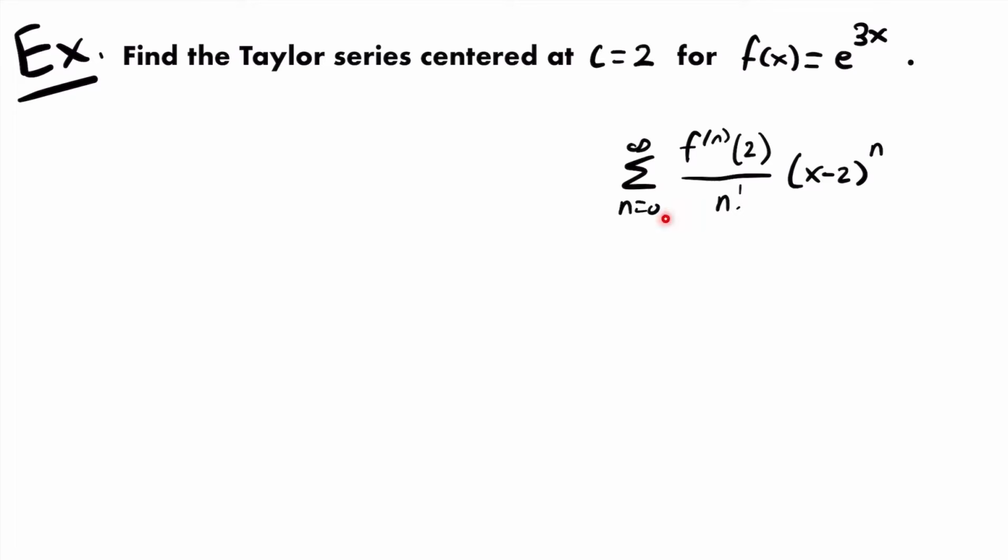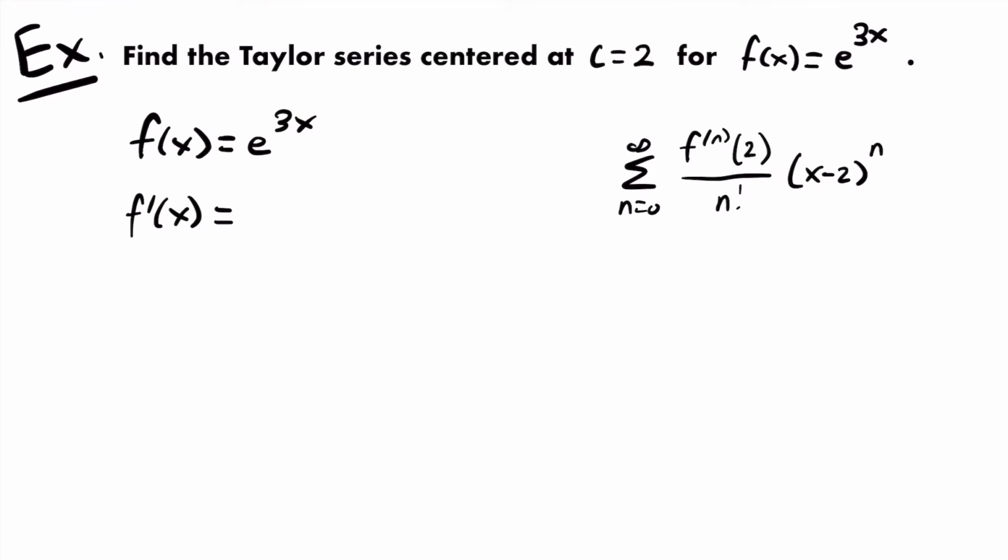And in order to complete this series, we need to find the nth derivative evaluated at 2 for this function. So what we have to do is start taking derivatives of this function. All right, so we have f of x is equal to e to the power of 3x, and the first derivative, f prime of x, will be equal to the derivative of e to the power of 3x.